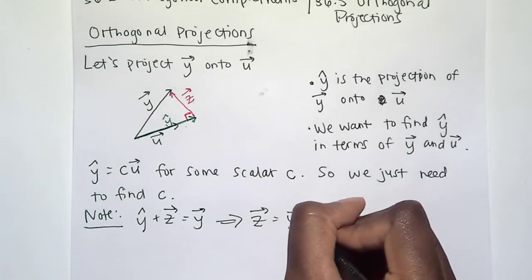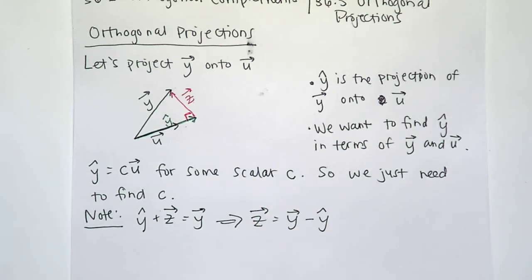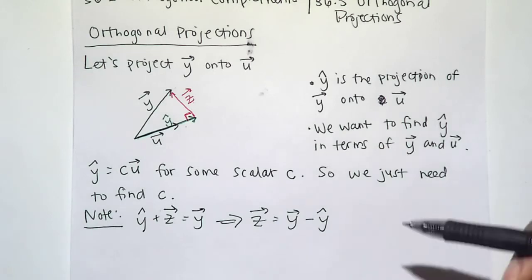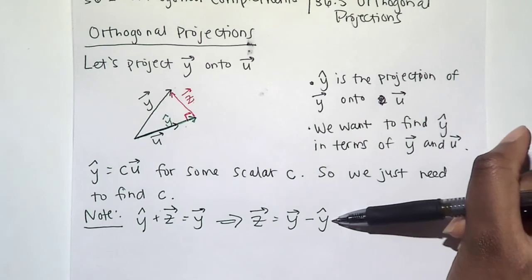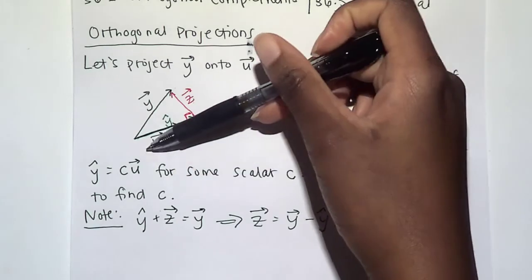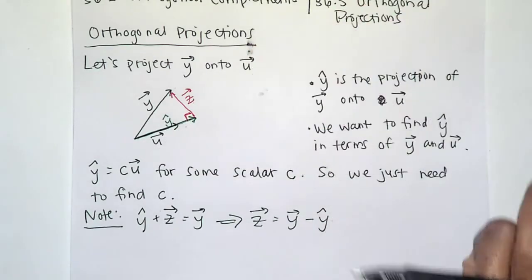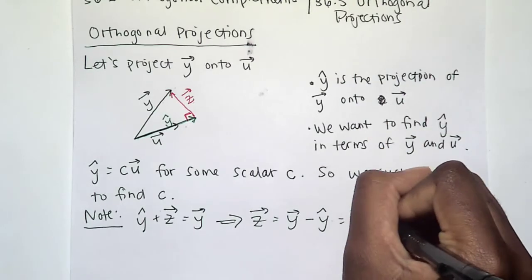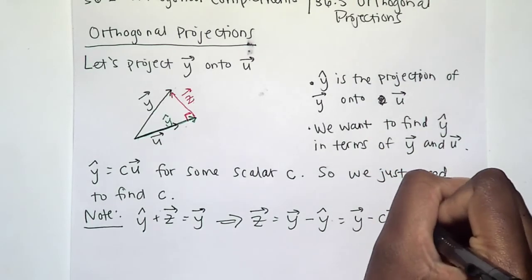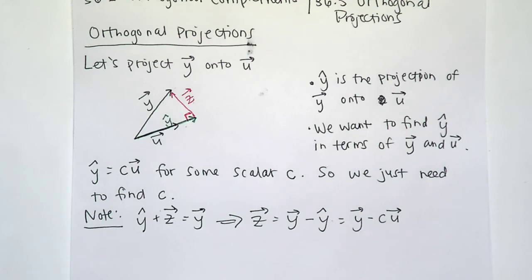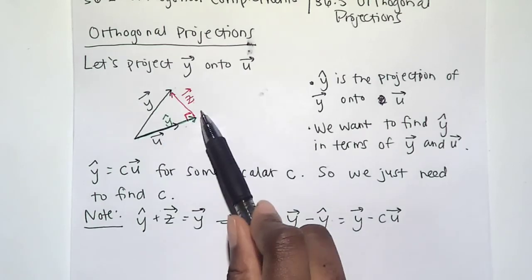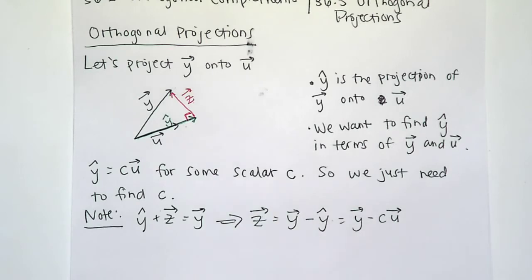It's going to be y minus y hat. But we already came up with a new way to write y hat: y hat is the same as c times u. So that's one thing we know. We know that z is y minus cu, but also we know that u and z are going to be orthogonal.